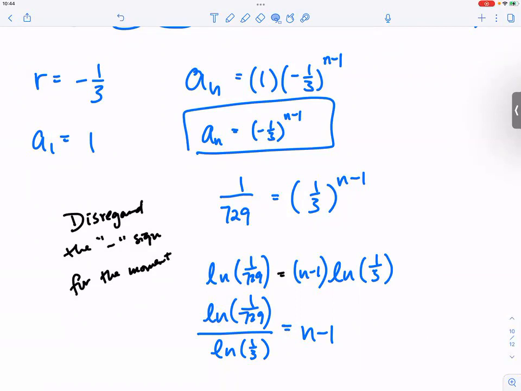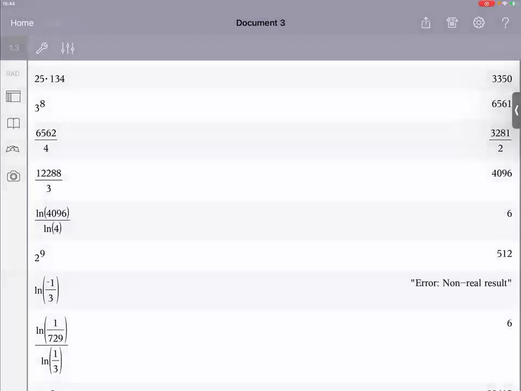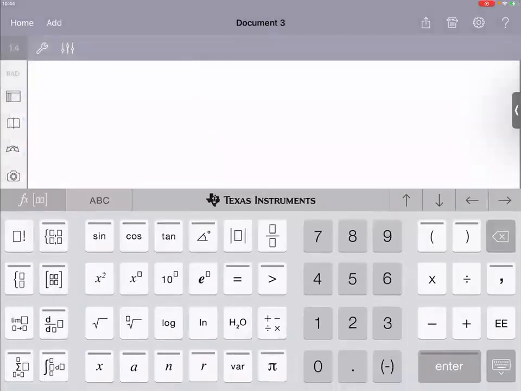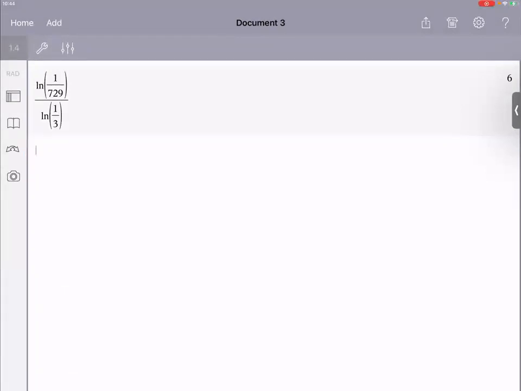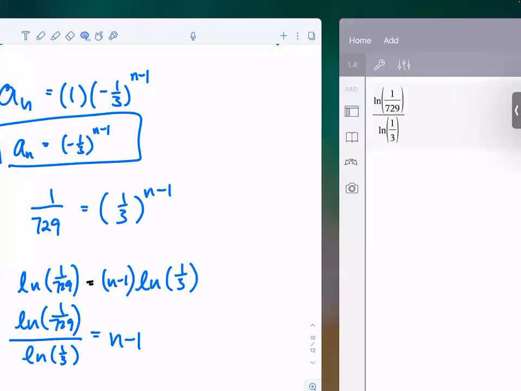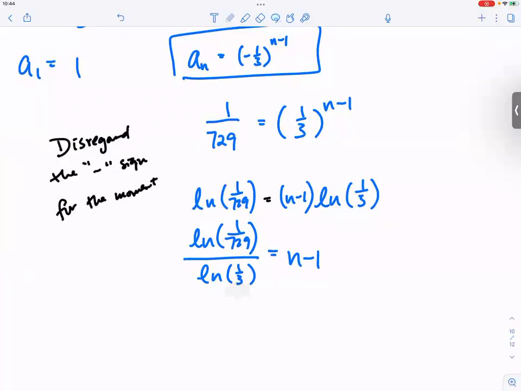So now you will use a calculator, and on the quiz, you have a calculator. So let's go ahead and use a calculator. Natural log of 1/729 divided by natural log of 1/3, and let's see what it is. And the answer is 6. So we have 6 equals n-1.